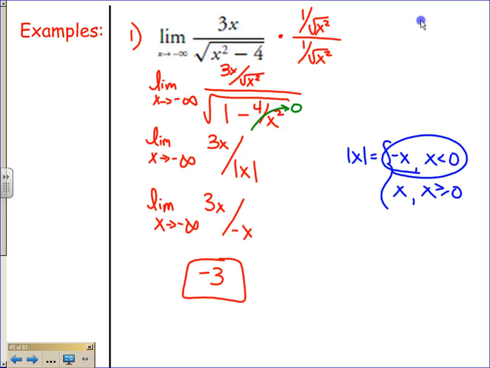Now, if you want to think about it another way, if you realized the degrees were tied, you could come to the conclusion of 3 pretty quickly without any of that math. Ratio of leading coefficients, 3 over root 1 is 3. If only there was an easier way to check my signs.